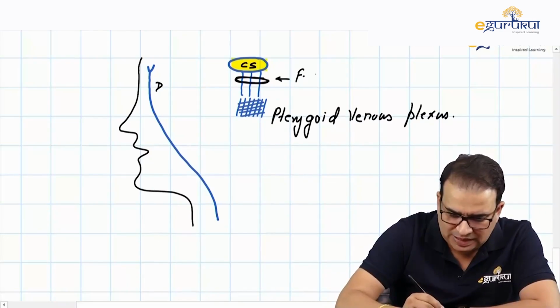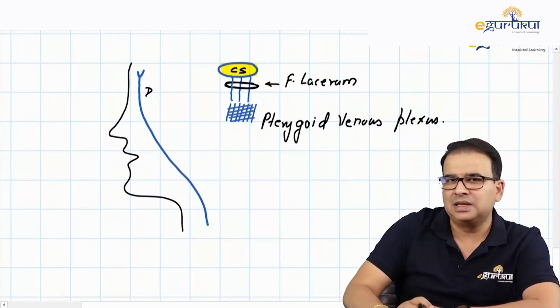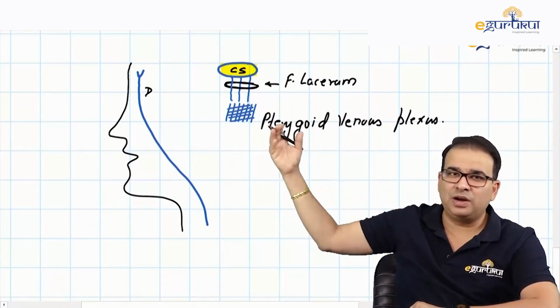Here is the foramen lacerum in the floor of the cavernous sinus, and then we have some emissary veins connecting the cavernous sinus to the pterygoid venous plexus.